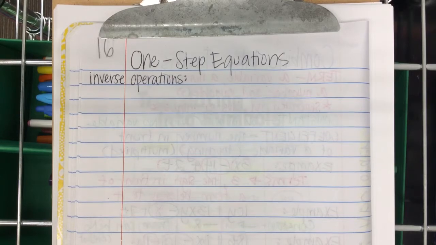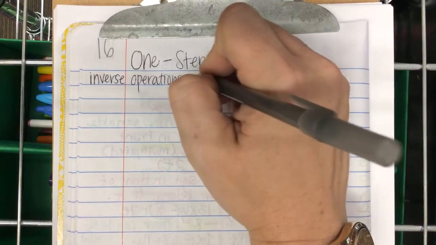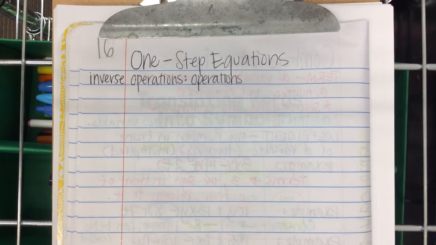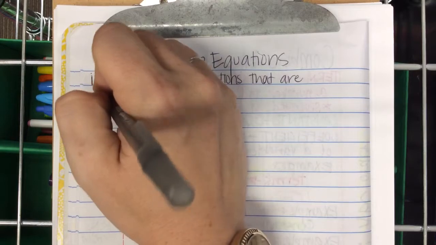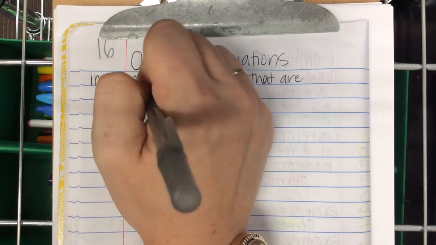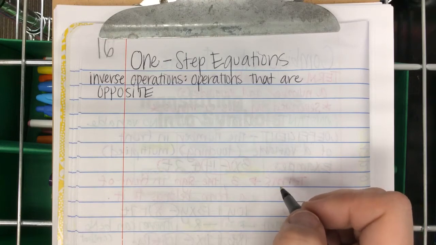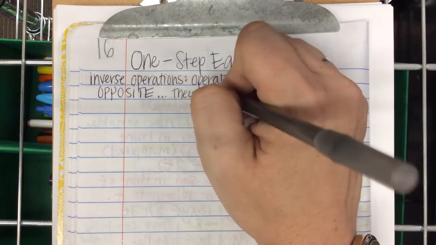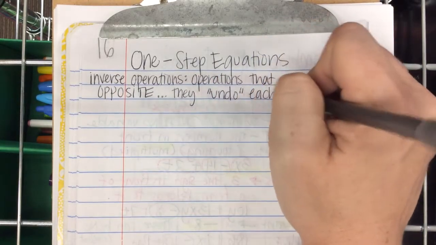And inverse operations, Gabe, you need to calm down, please, are operations that are opposite. They undo each other.